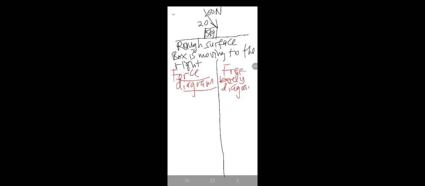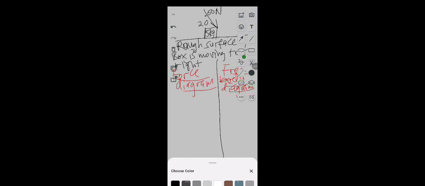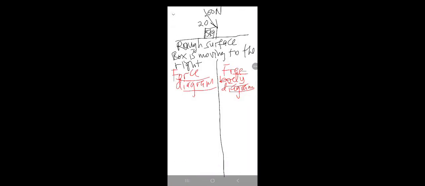We're still going to answer the same questions here. As I said, guys, before we answer our questions, let's first go to our original diagram. Let's draw the forces which are acting there.